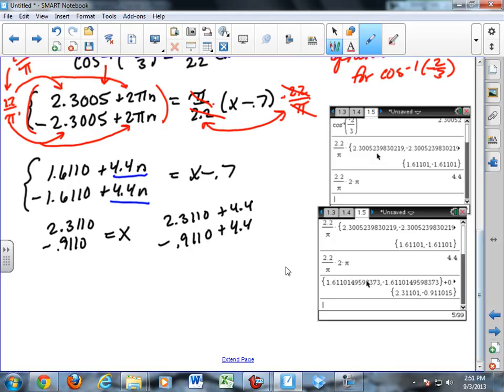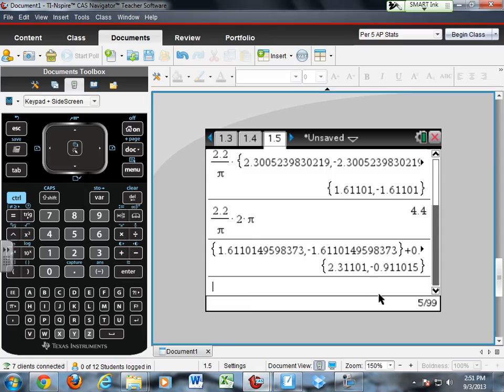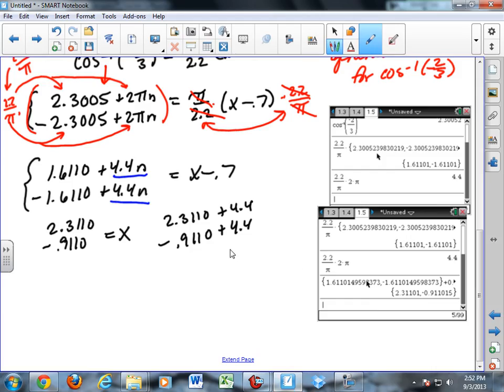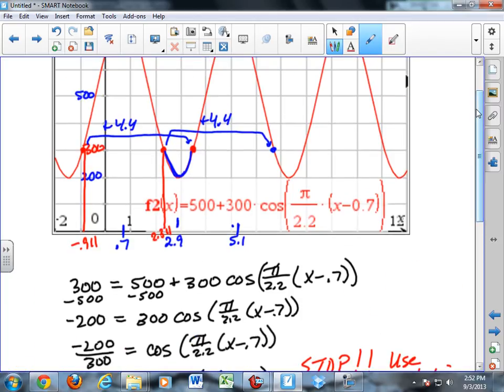So once again, back to the calculator and just add 4.4 to both of those numbers. So go up and grab these two numbers plus 4.4. So here are my other numbers, 6.71 and 3.49. So if we go back up to the graph, here's the 3.49.